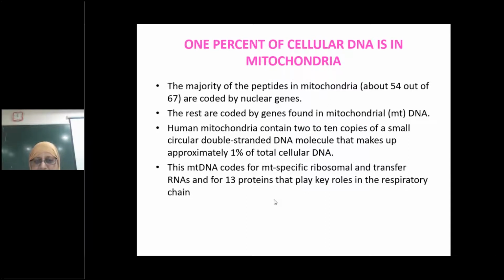This mitochondrial DNA encodes mitochondrial-specific ribosomal and transfer RNAs, and 13 proteins that play key roles in the respiratory chain. So whatever proteins you see in the respiratory chain, the electron transfer chain, are being coded by the mitochondrial DNA.